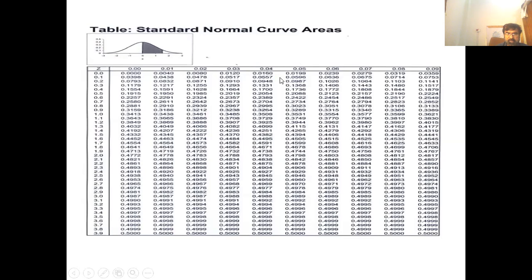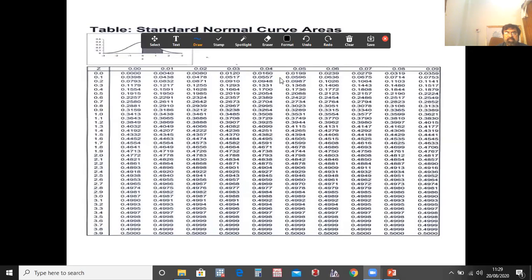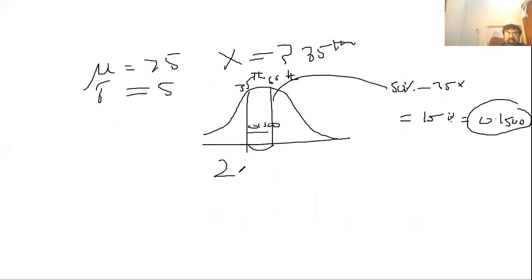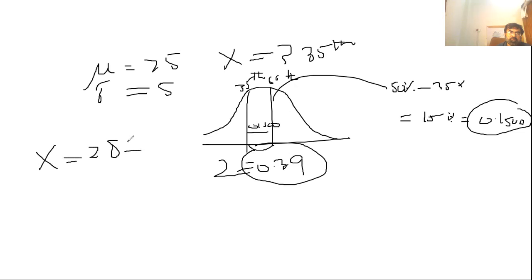This is the value for this area, but as the value falls below the midline, it will carry a negative sign. So you will put the negative sign with this Z value. Now putting in the formula, you will get Zσ plus mu, and that will become minus 0.39 into 5 plus 75.